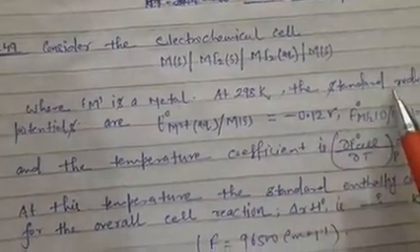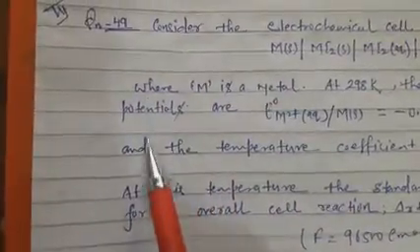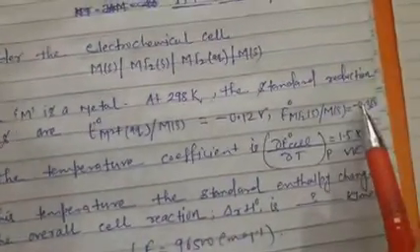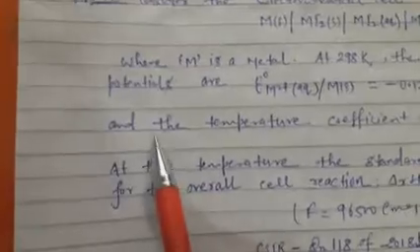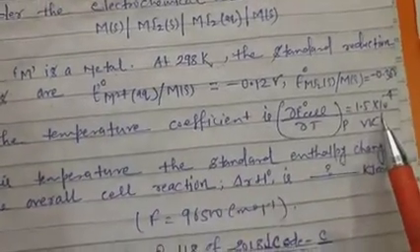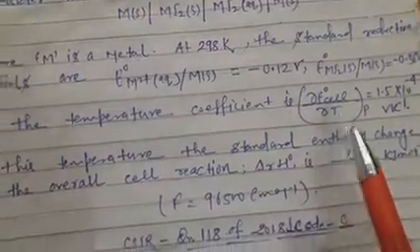The standard reduction potentials are given here, and the temperature coefficient is given, that is delta E by delta T.